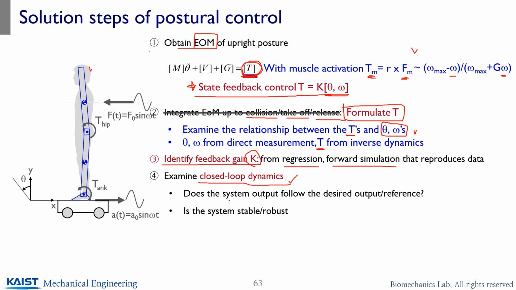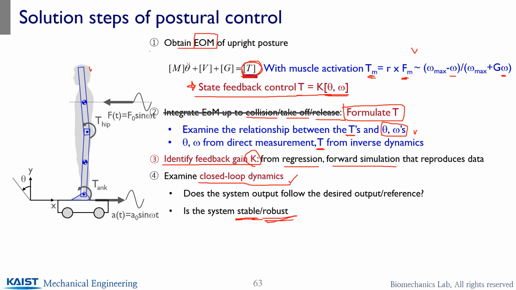So you should examine the closed loop dynamics, and if your control model for the human motion shows a pretty decent behavior explanation, you should also check, is it stable? Is it stable, guaranteed, or robust?